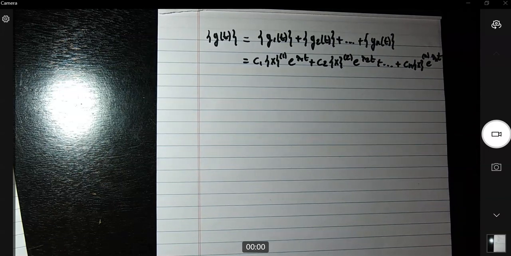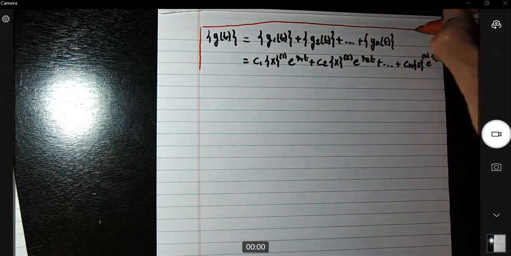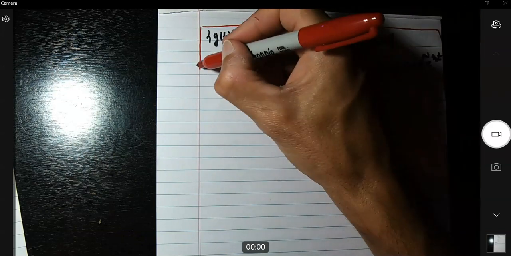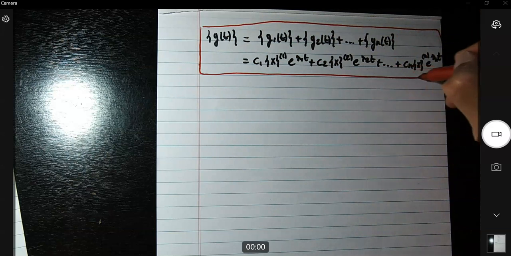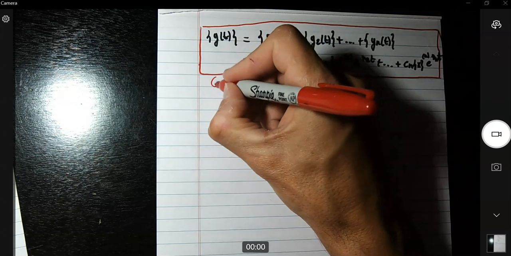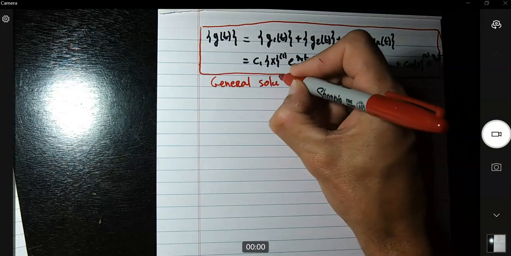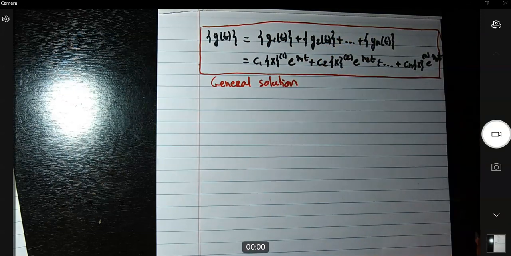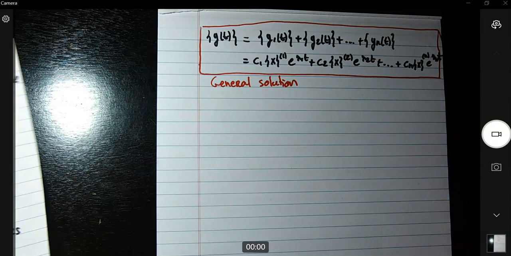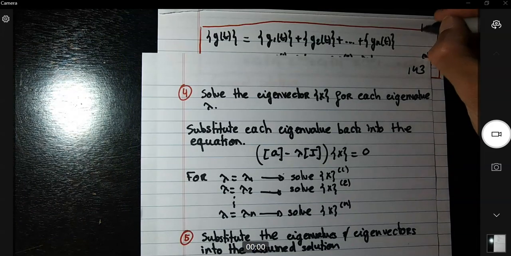Okay, so this will be over here the general solution of our problem. Okay, so let's see, that was page 143, page 144.